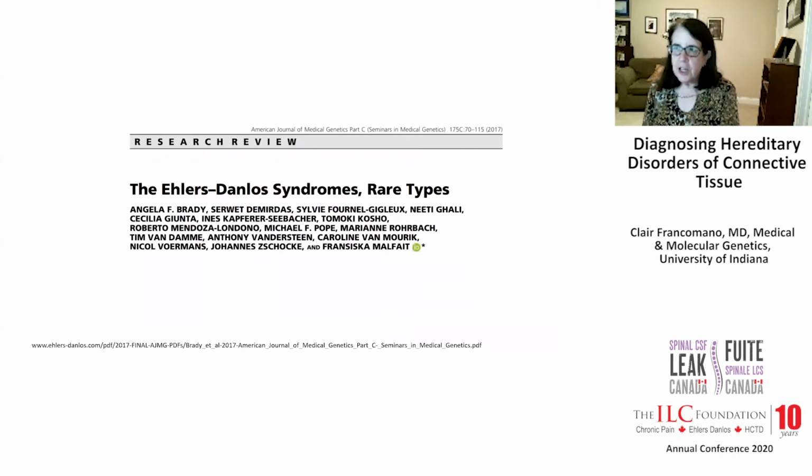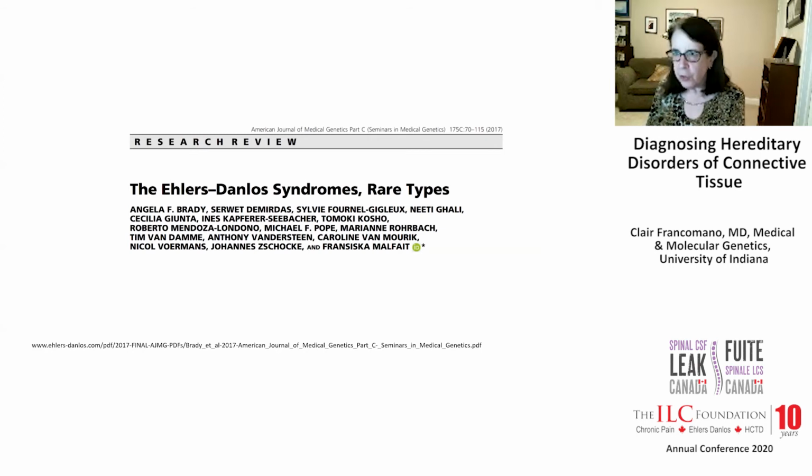Okay, so we've considered 3 types. That leaves 11 more, which are the rarer types of the Ehlers-Danlos syndrome. And all of these were laid out very well in this paper on the Ehlers-Danlos syndromes of the rare types, with Angela Brady as the first author.